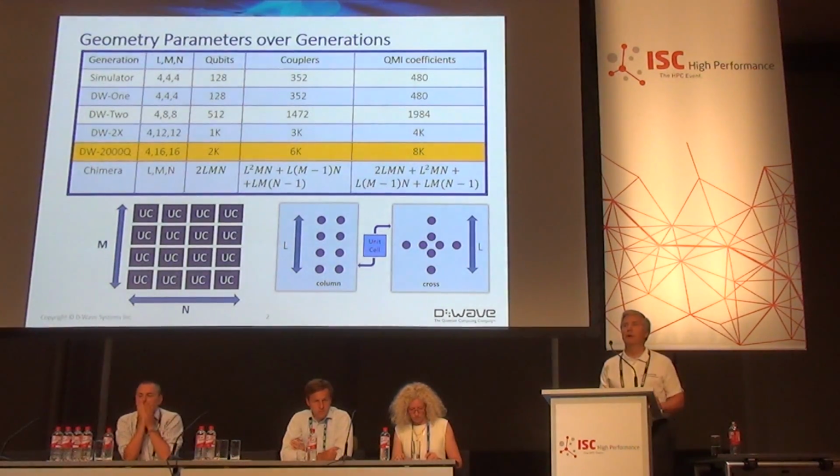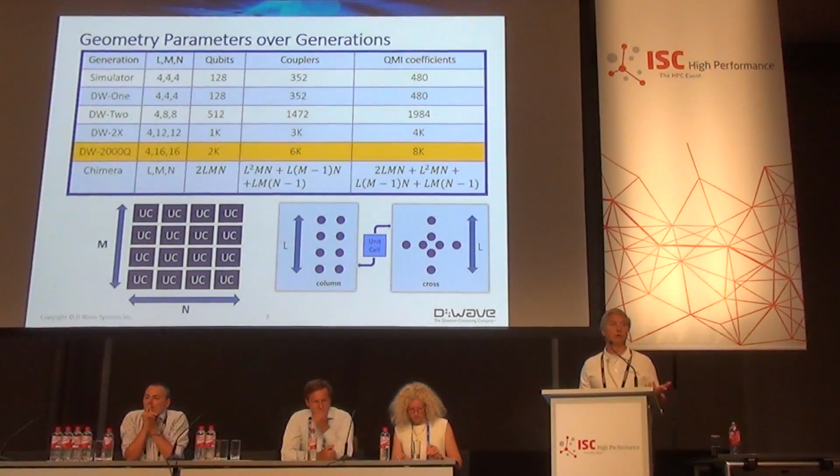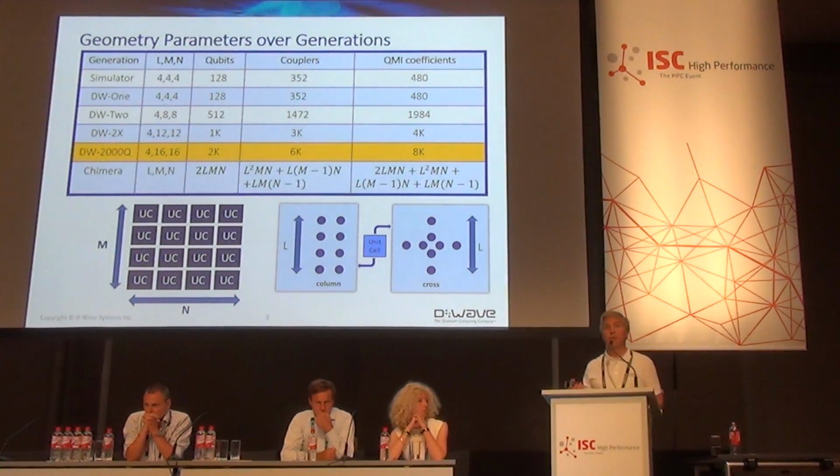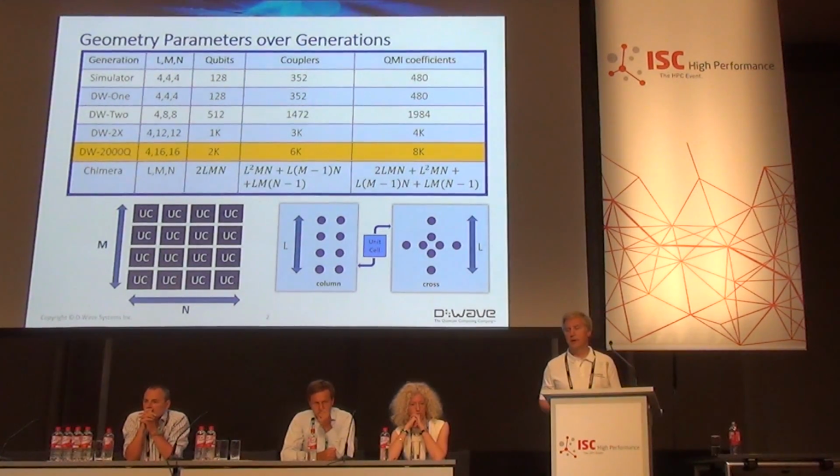So this chart is intended to capture progress over the past few years, since about 2011. The chart shows our first system that we introduced in 2011, the D-Wave 1, and if you look at the third column over, you'll see the qubit count.